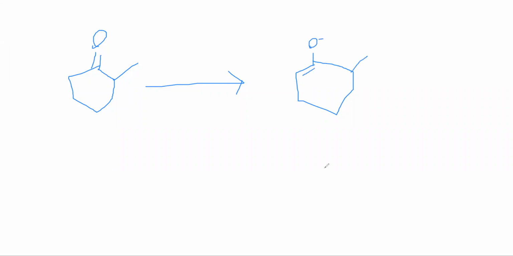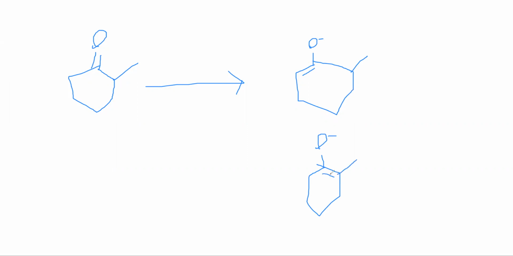Going back to that same ketone, you could form, and I'm going to draw these as alkenes actually, this alkene, that enolate form if you draw the resonance form, or this alkene.